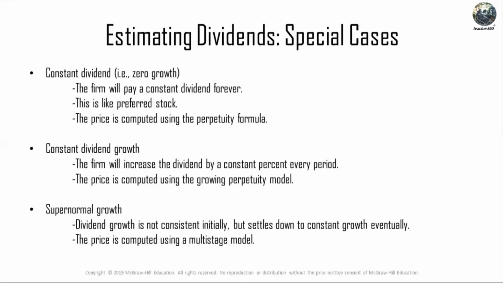Constant dividend growth. In constant dividend growth, the firm will increase the dividend by a constant percent every period. Suppose currently a company is providing a $2 dividend per share.